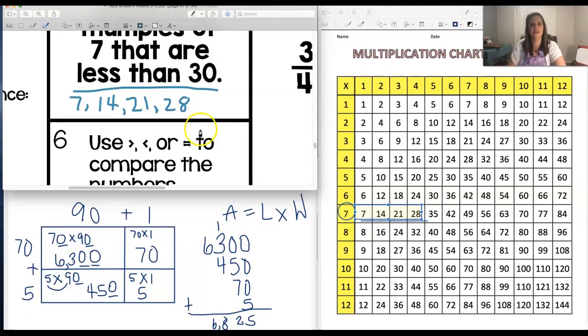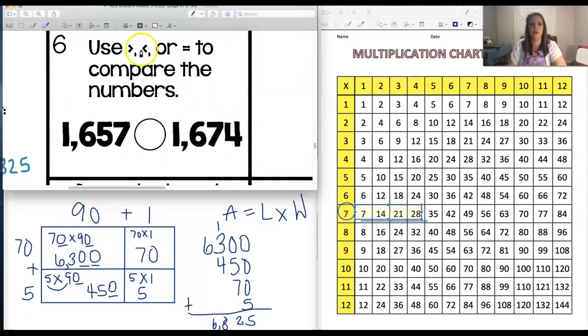Okay, question 6. Use greater than, less than, or equal to compare the numbers. So we're going to look at these, and remember you can always put these in a place value chart. But today we're just going to look at place value as they are in the number.